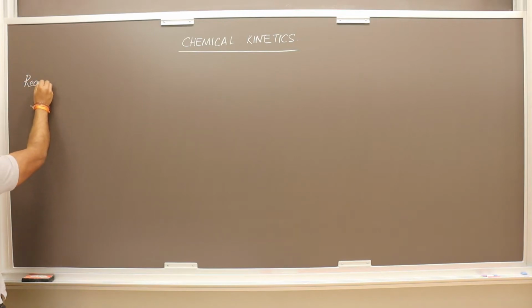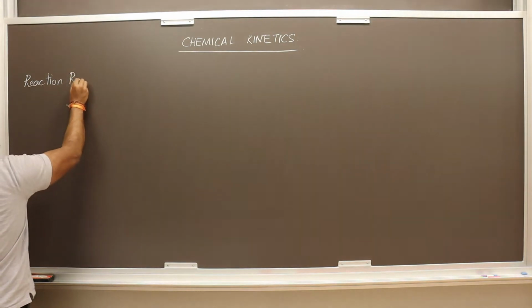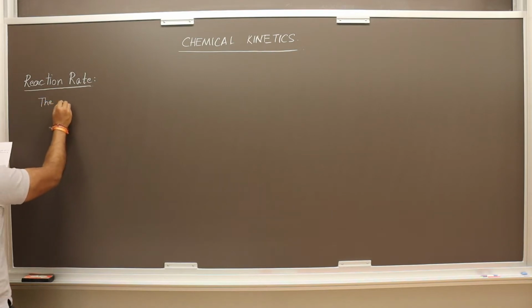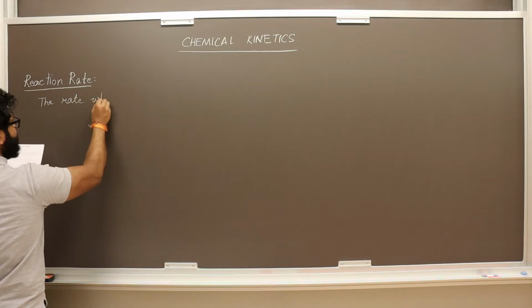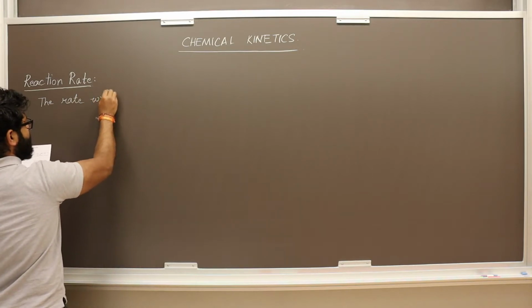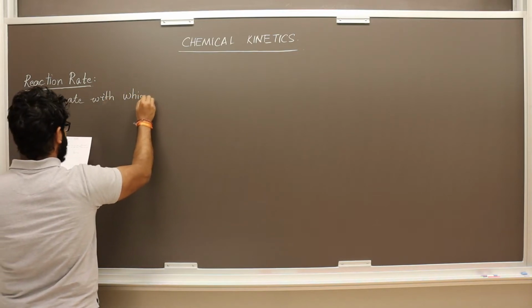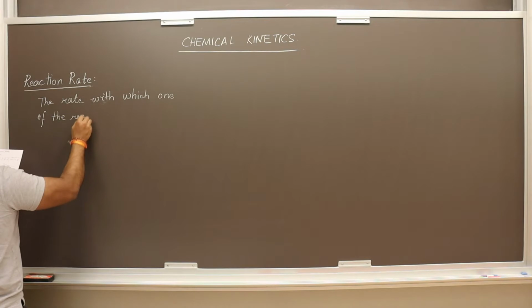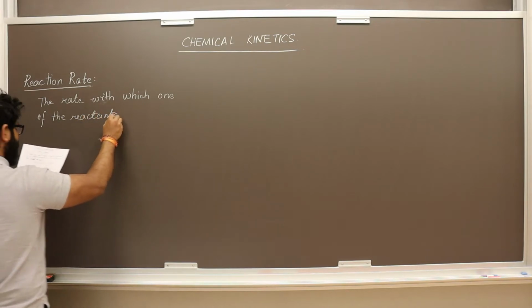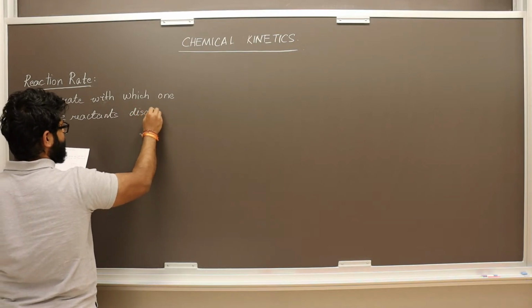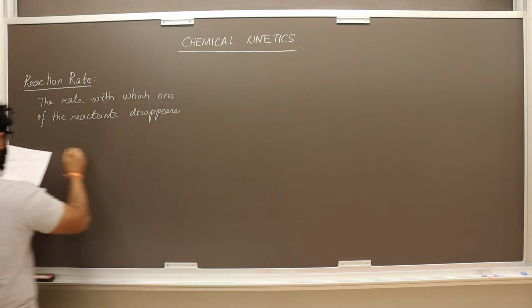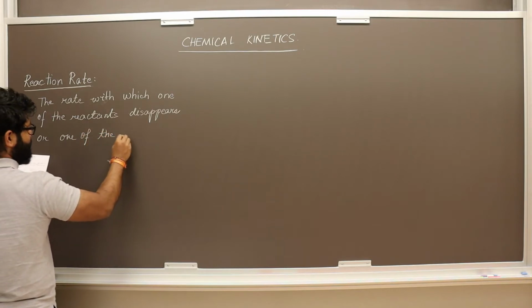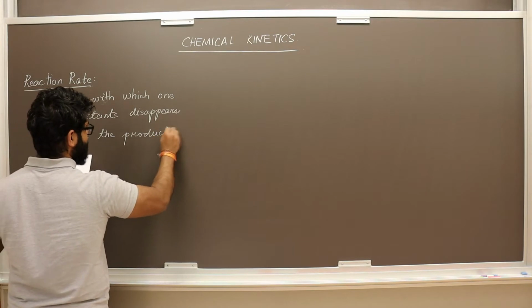So what is basically a reaction rate? It's basically the rate with which one of the reactants disappears or one of the products appears.